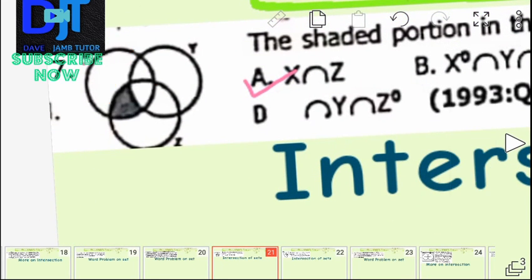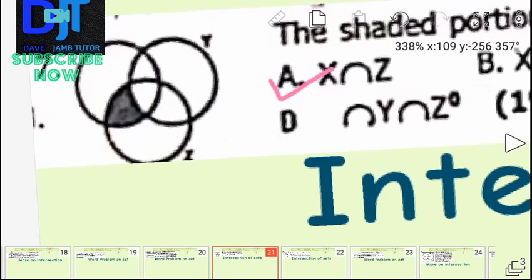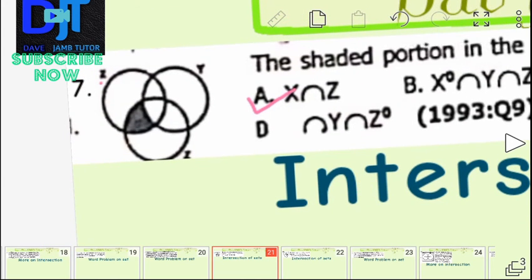So this tells us automatically that that shaded portion is x intersect z. So now that we know it to be x intersect z, we can just mark our answer straight away, and that's what I've done here already. So the answer is x intersect z.